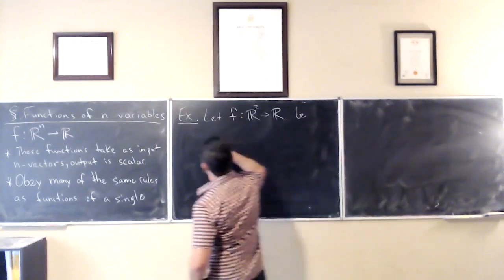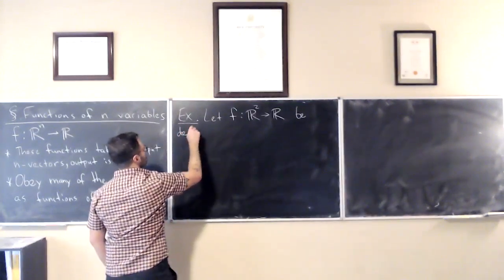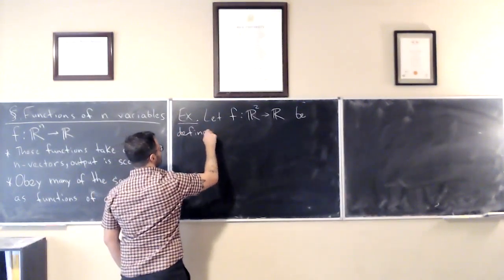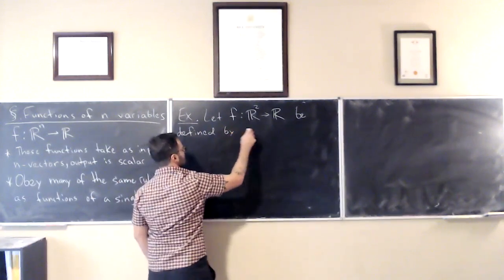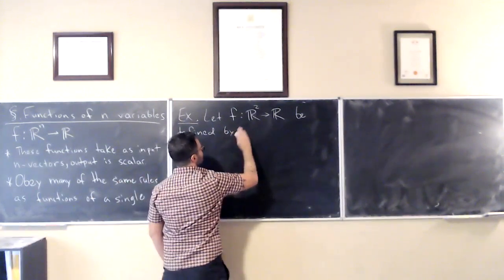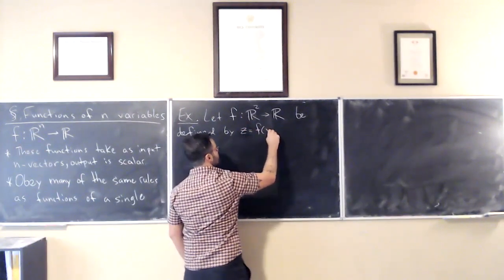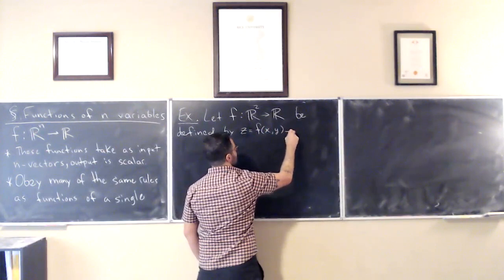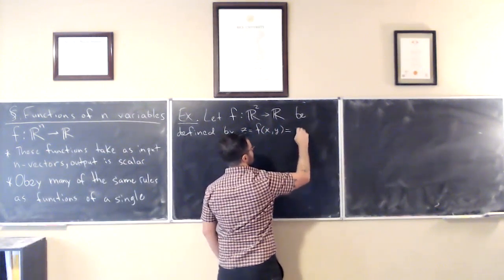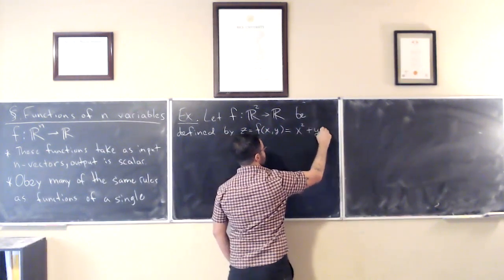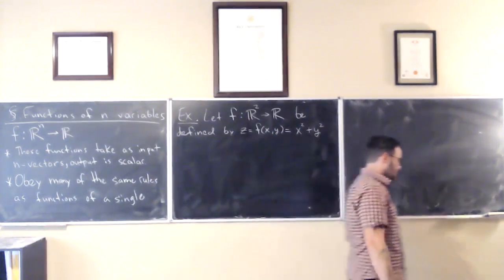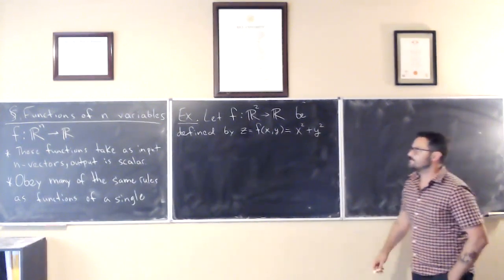Let this be defined by z equals f of x, y equals x squared plus y squared. I'm going to focus on this function here.